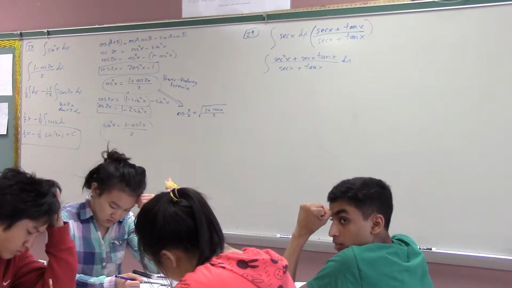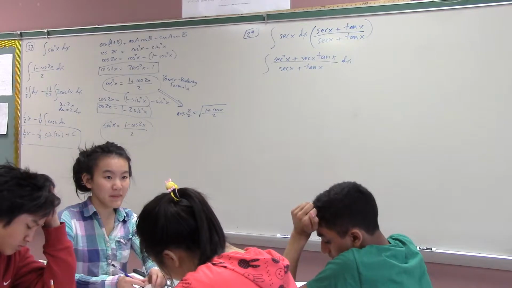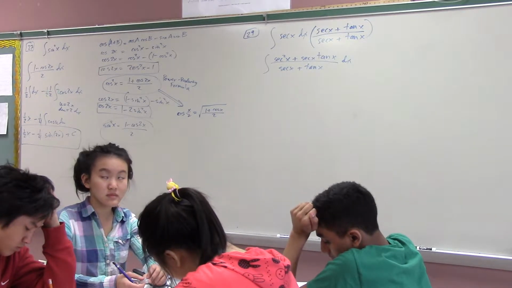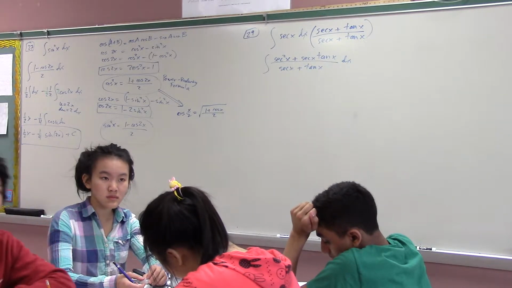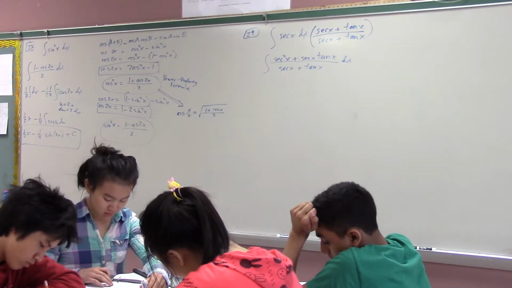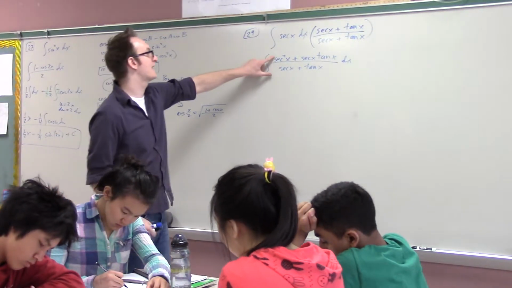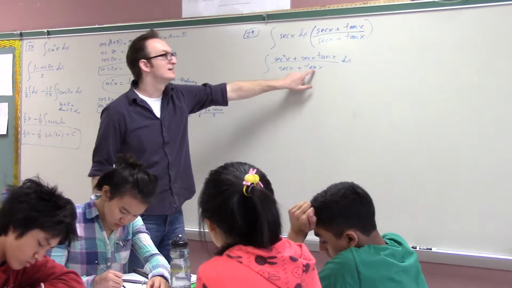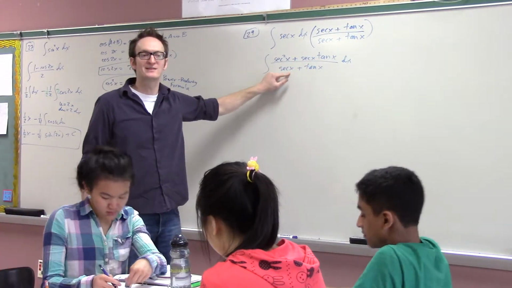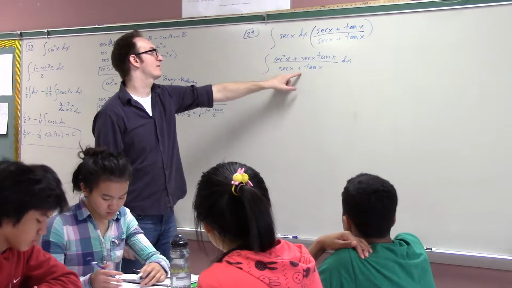And secant x tan x is the derivative of something else. Secant. Yes, so in fact, secant squared is the derivative of tan, and secant x tan x is the derivative of secant. Thus the top is just the derivative of the bottom, right?